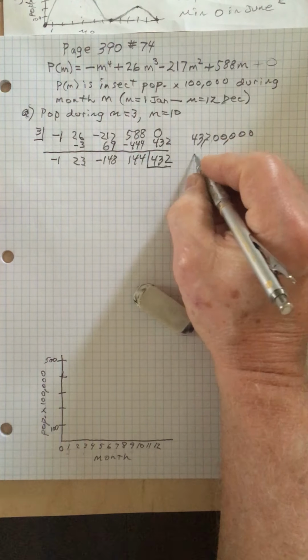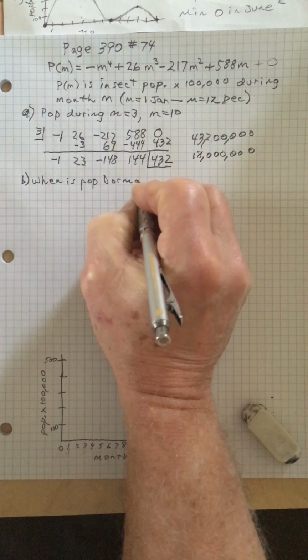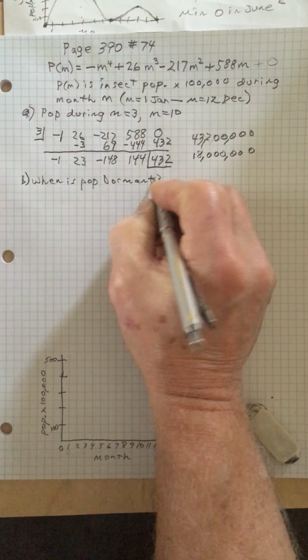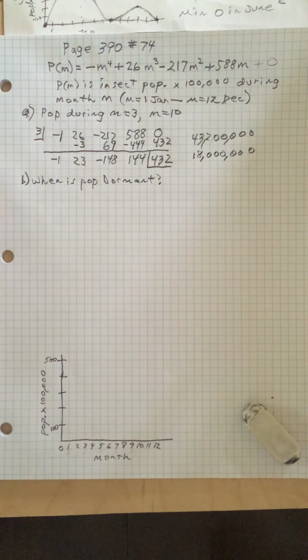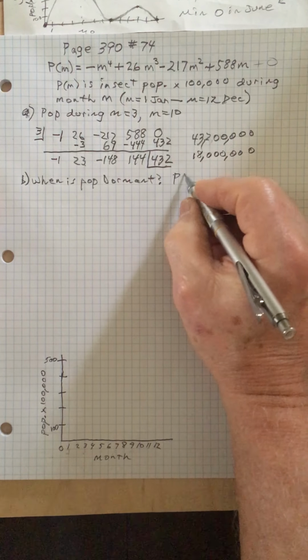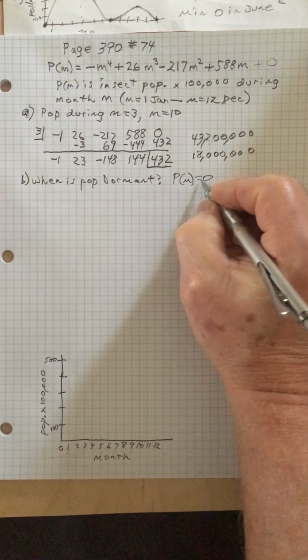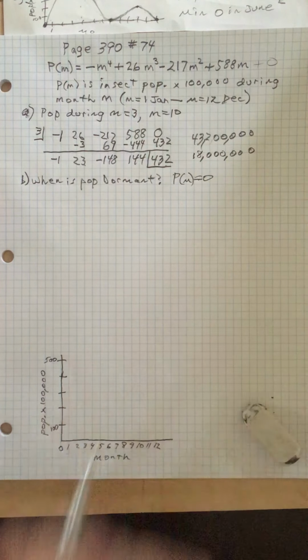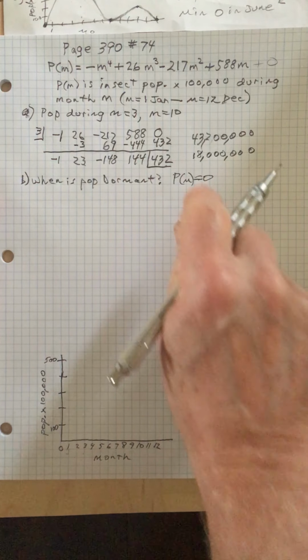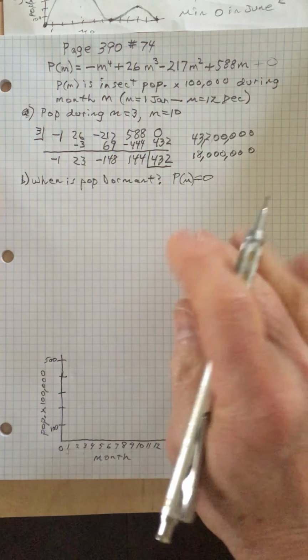Part B, they wanted to know, when is the population dormant? Well, first, what does dormant mean? Dormant means there are no insects around. So that means P of M is 0. But what does that mean? That means, what are my zeros or my roots? In other words, I'm finding values of m that make the function 0, or I'm on the x-axis.